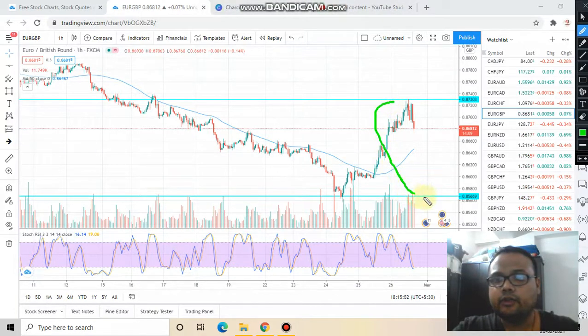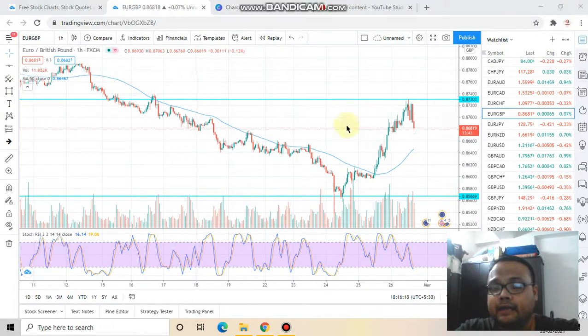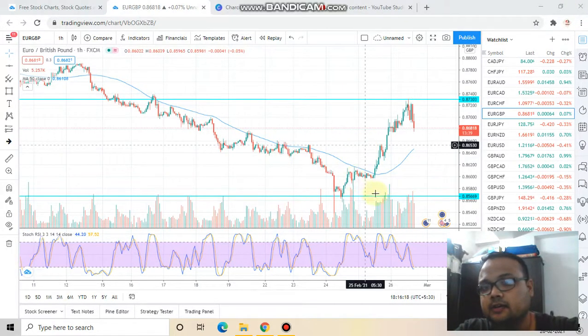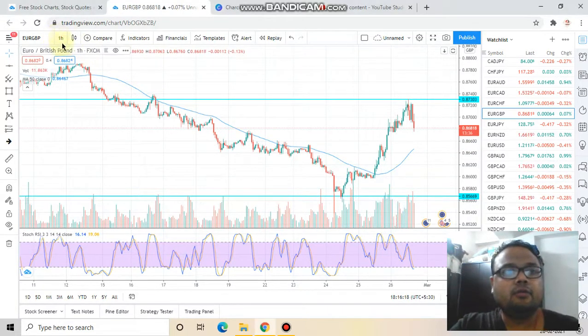If the market comes down to this level and reverses from here, then you can go ahead and place the buy order, if you spot some good price rejection from below, or if you see some good buying volume, good pressure from the bulls. And why I'm telling you that you should avoid shorting the market below this level, let me take you to the 4 hours time frame.